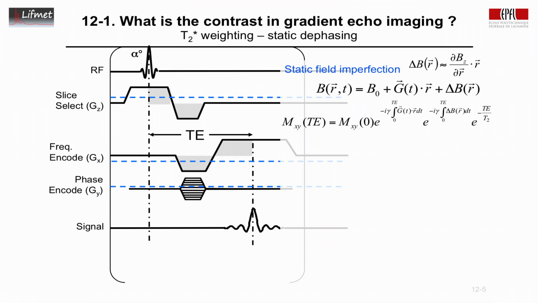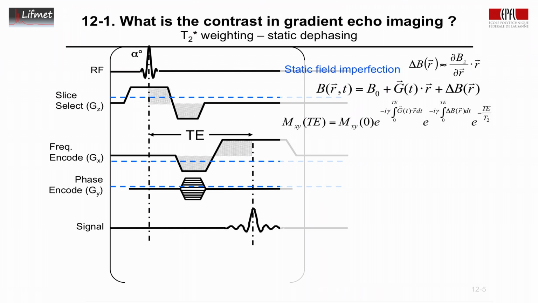And then we have the term from the static field, e to the minus i gamma, again integrated from 0 to TE, delta B of r dt. That's our deviation, and that also produces a phase. So we are not perfectly at the Larmor frequency now at a given position r, and then we have the T2 effect here.